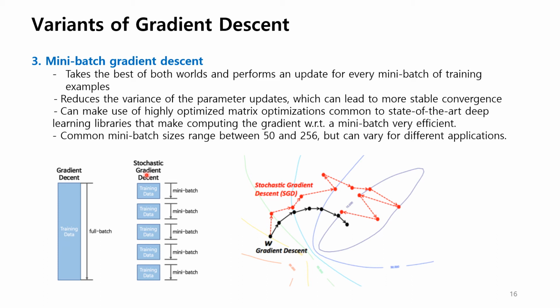Somehow the mini batch reduces the variance. The common mini batch size ranges between 50 and 256. This is a common size, but you can change it if you want, as it can vary for different applications.